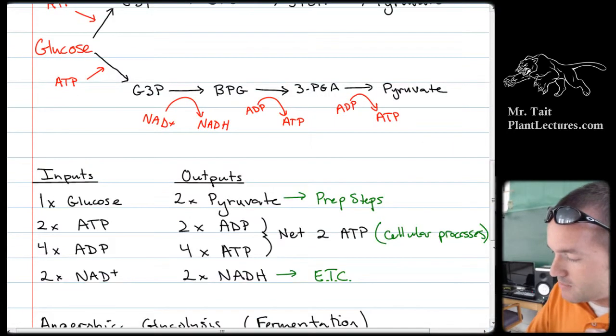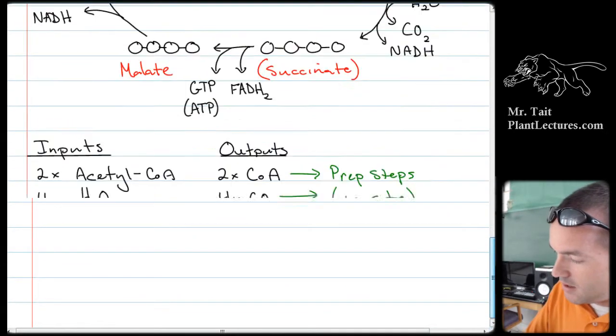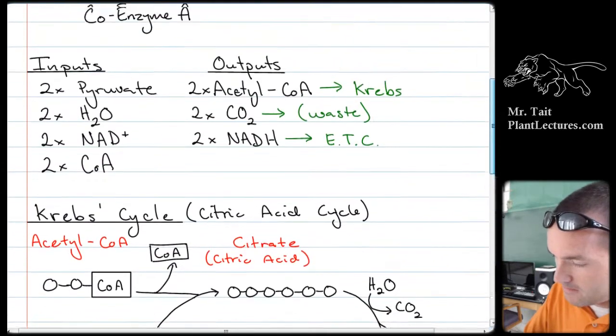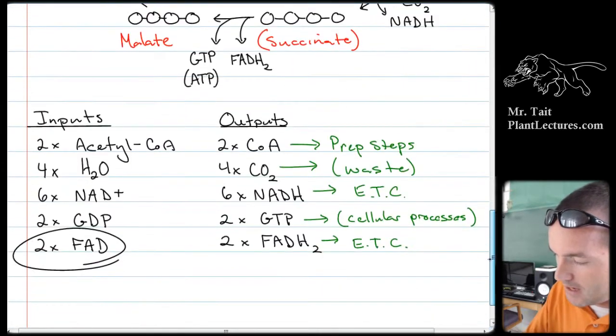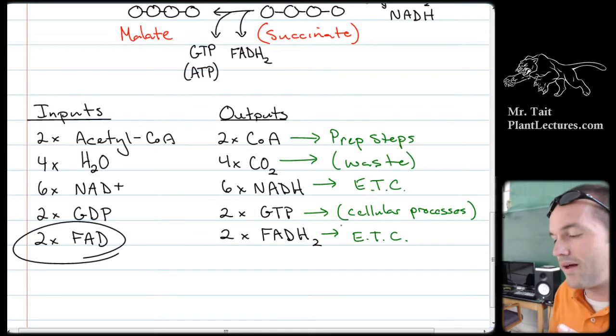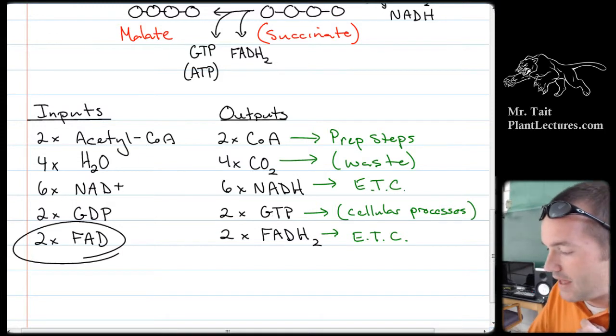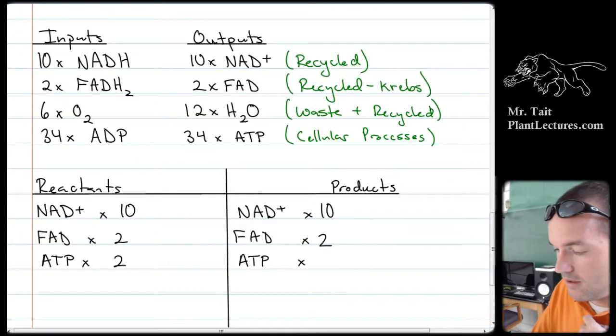Glycolysis makes how many? 4, right? Any made in prep steps? No. Any made here in the Krebs cycle? No. Let's say that GTP is ATP. Yeah, so 2. And then how many do we make in the electron transport chain? 34. So that's a total of 40, right?